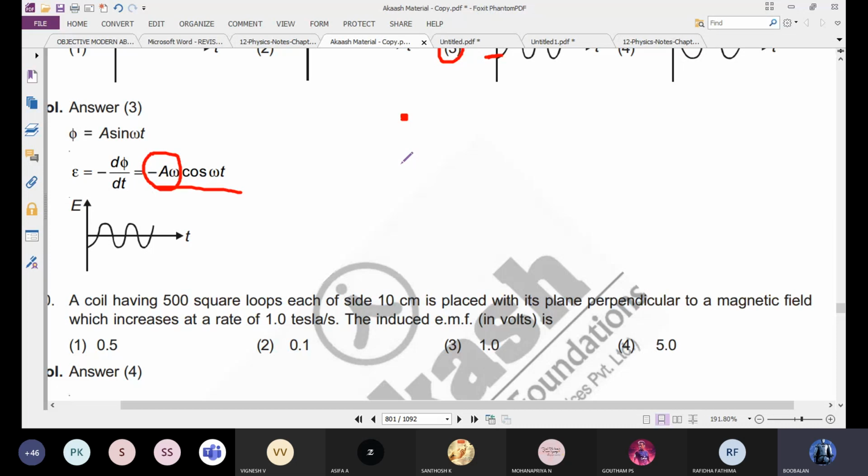They are asking to find the induced EMF. So just remember how many formulas there are based on induced EMF. From the formulas, we can apply the number of turns of the coil, the side values, and the rate value. These three values determine the formula.